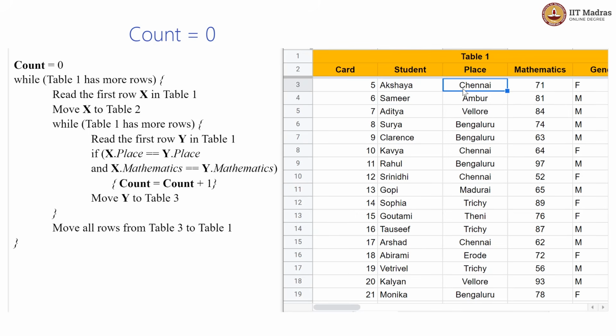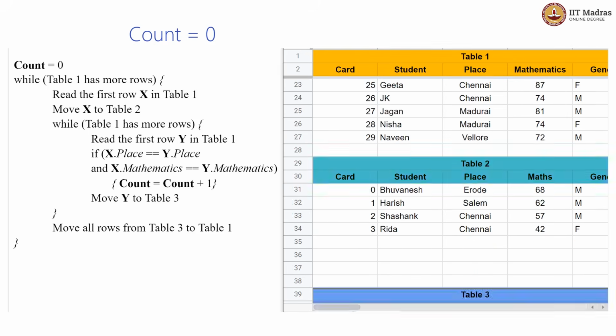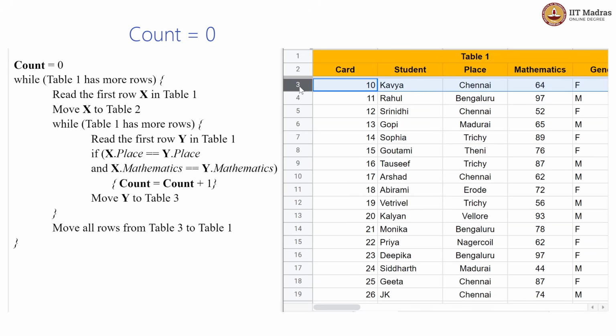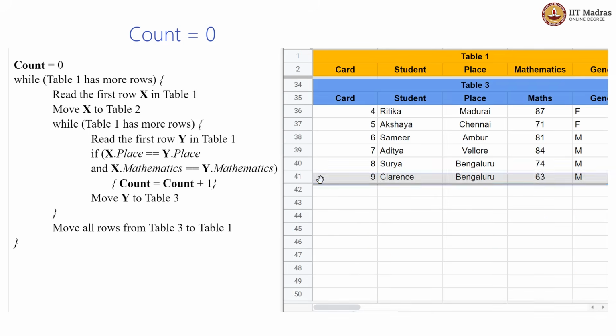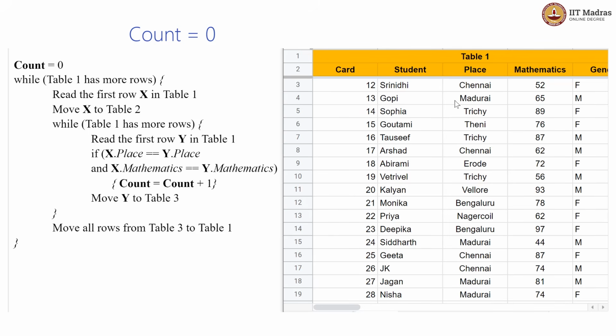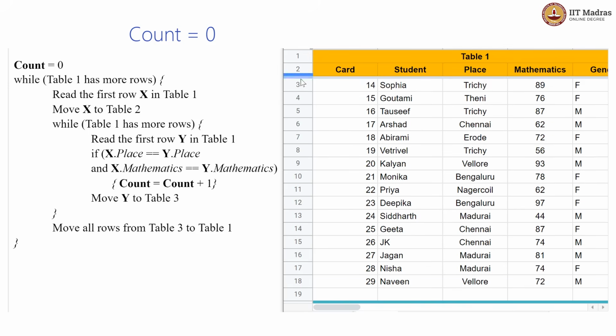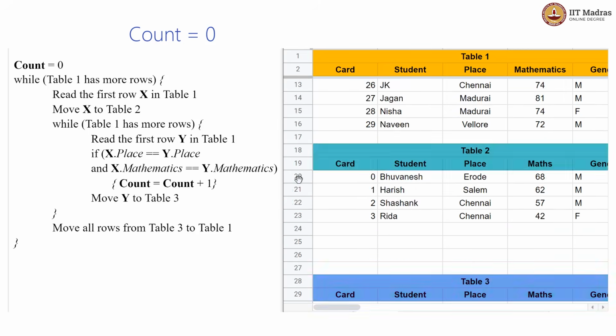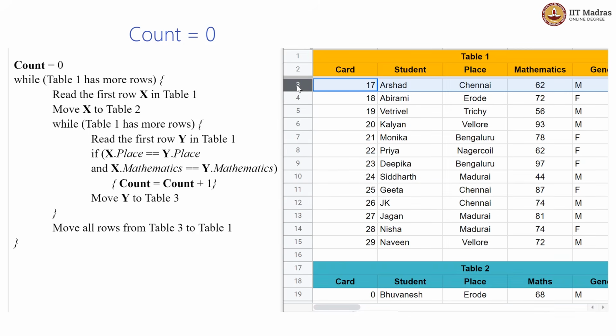Now the place is Chennai, but math score is not 42.